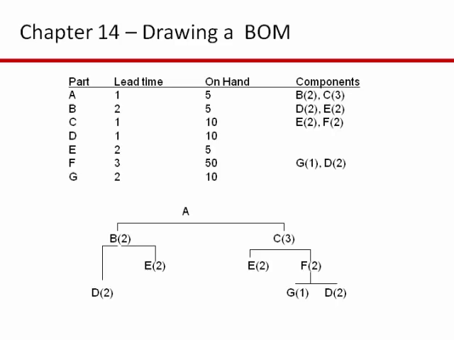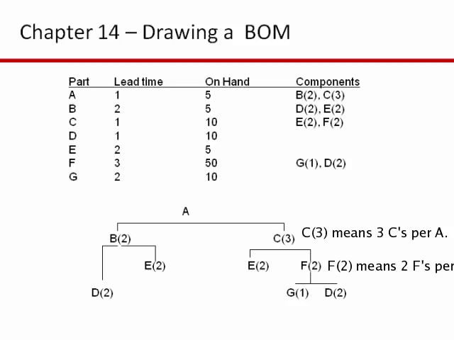So this C3 means 3 C's per A. This F2 down here means 2 F's per C. So if I need 3 C's per A, and if I need 2 F's per C, then how many F's do I need per A? Well, I'm going to need 6, right?